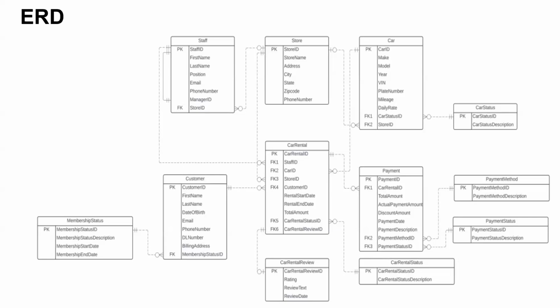So I think you understood this crow's foot in a reversed way. Please correct me if I'm wrong. Here it means that one car can only have one car status, and it must have a car status. And here it means that one car status can be had by zero to many cars.